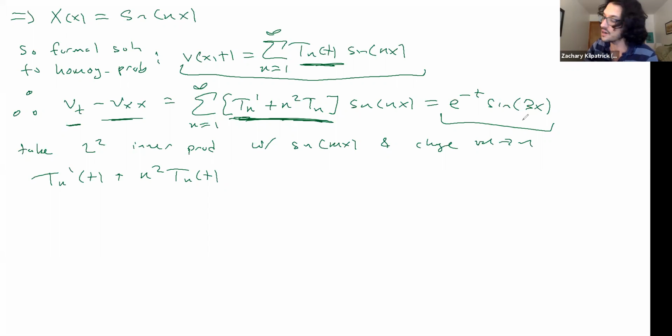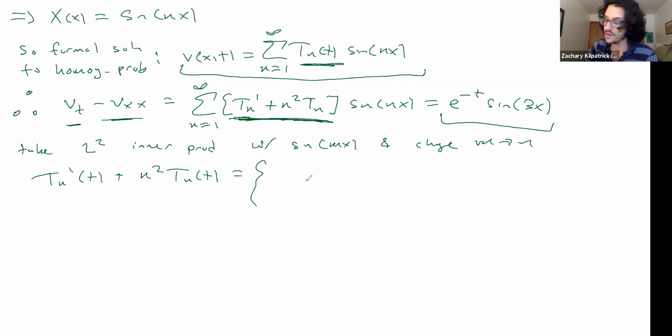Because if I take the inner product of this with sine of mx, I'm only going to get a non-zero term on the right-hand side when m is equal to 3. Otherwise, it's going to be 0.